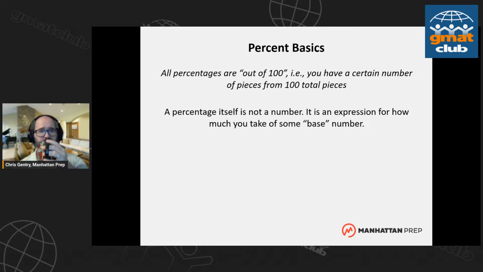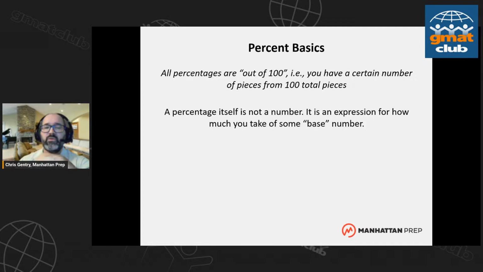That is the opportunity. As for the trap that can exist, a percentage always operates on some base number. And if you try to apply a percentage to a different base number than the one they intended, you will get the question wrong. And that is the kind of game that they will play.